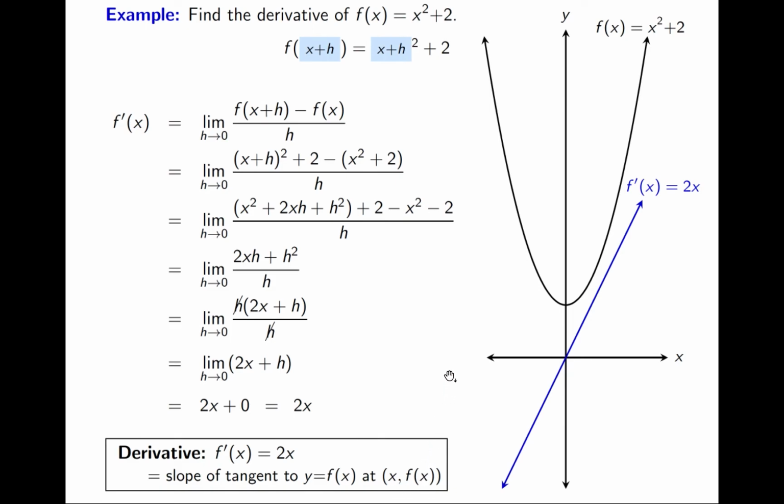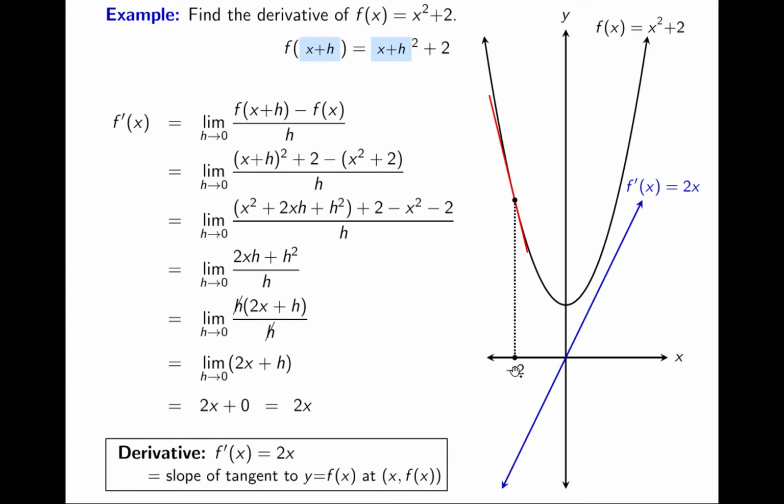Now I'll show you what's happening here. Let's take a particular x value, like say minus 2, x equals minus 2. Go up to the graph of f and look at that tangent line at the point x equals minus 2. Definitely has a negative slope, doesn't it? The slope of this tangent line would be got by plugging negative 2 into the derivative f prime of x.